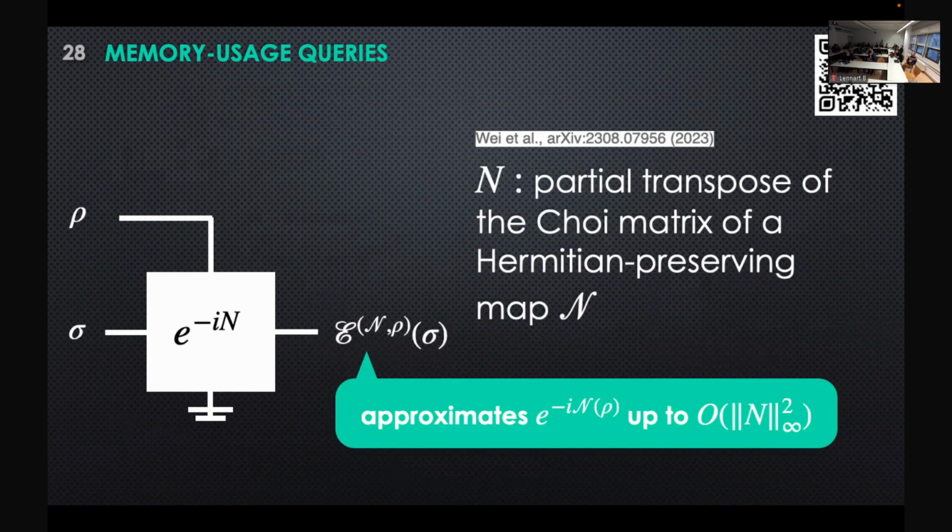There's also a generalization of this scheme where you can do other things, not just the exponential of i rho.